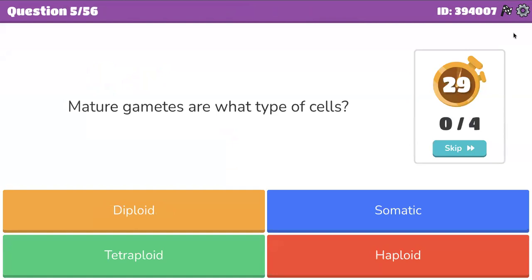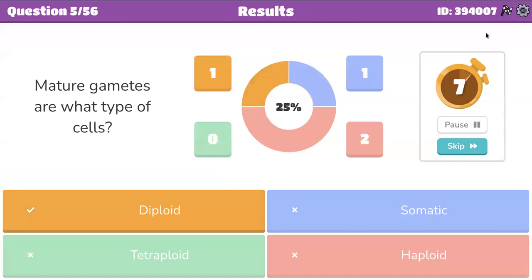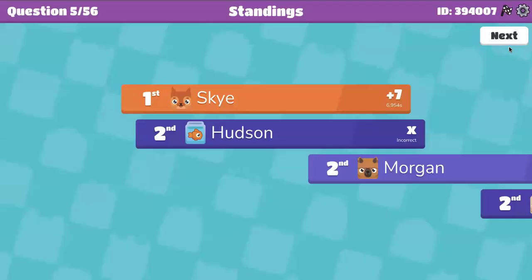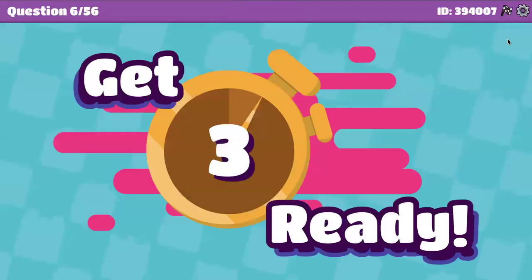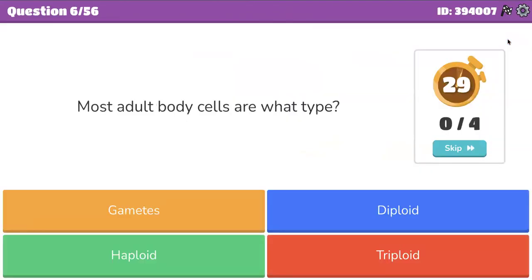Mature gametes are what type of cells? They're diploid. Most adult body cells are what type?